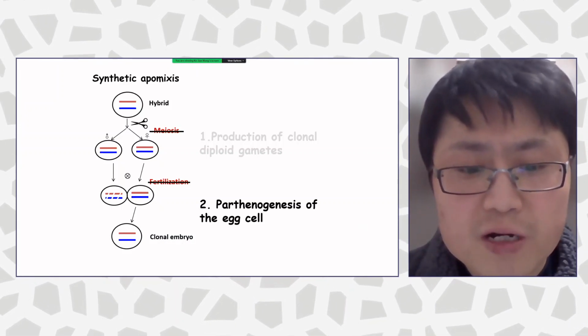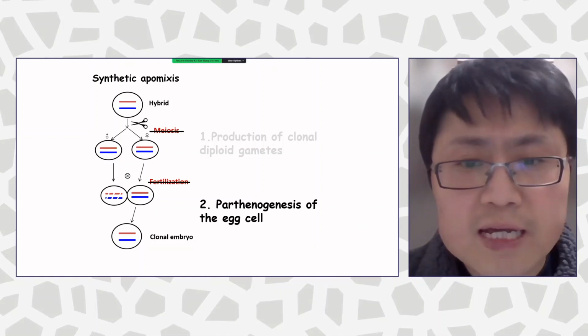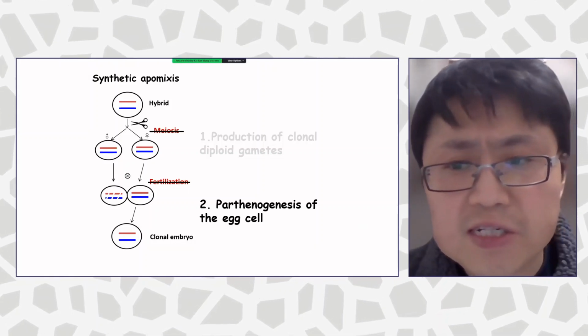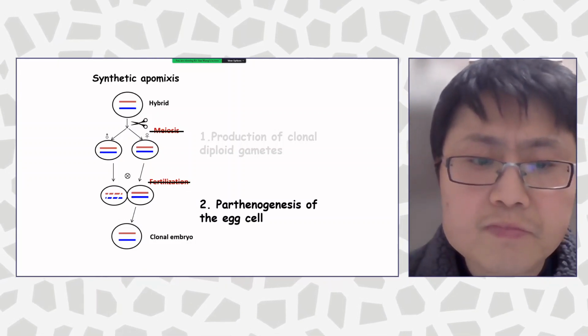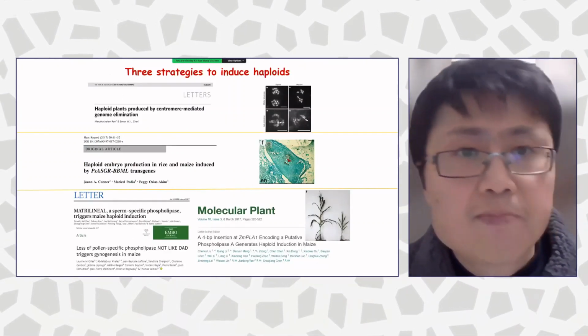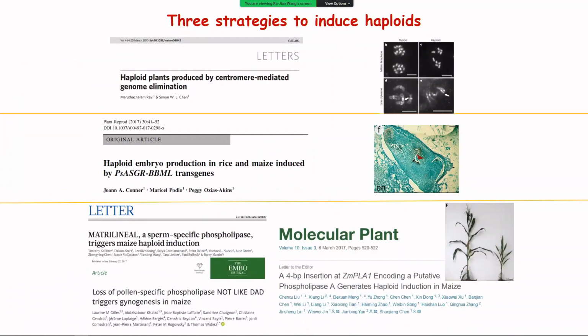It works pretty well, and then we want to test the possibility of parthenogenesis of the egg cell in hybrid rice. Before our work, there were three strategies to induce parthenogenesis and also induce haploids: the centromere-mediated genome elimination and ectopic expression of BABY BOOM-like genes. Also, the mutation of MTL genes in males can induce haploid induction.